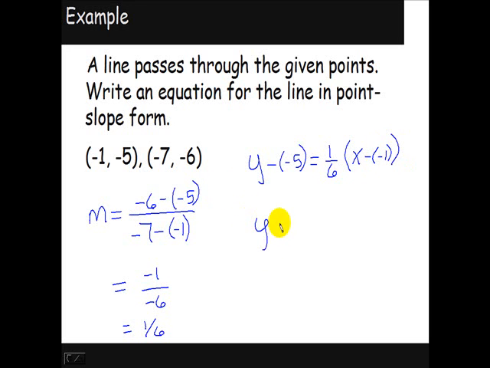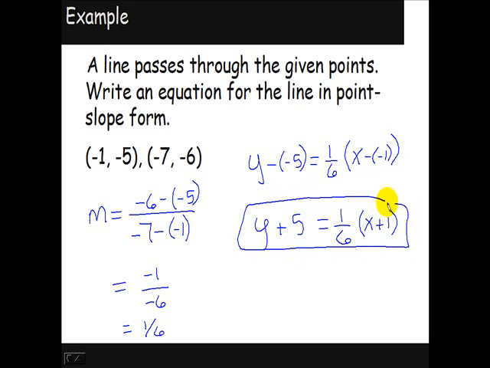Y double negative is positive, equals 1/6 times the quantity x double negative is positive. So we have x plus 1. And that's our final answer. Y plus 5 equals 1/6 times x plus 1.